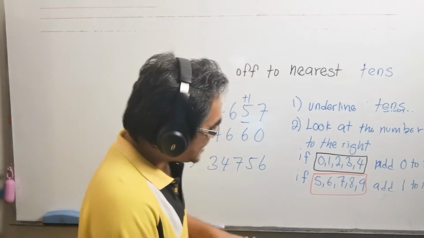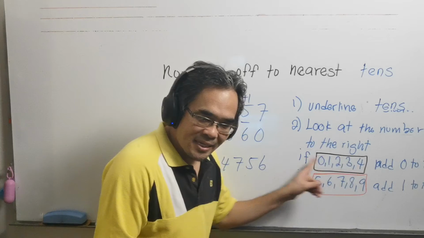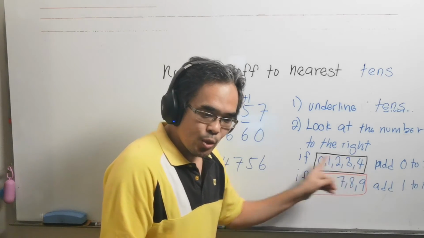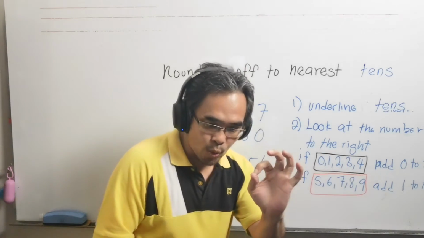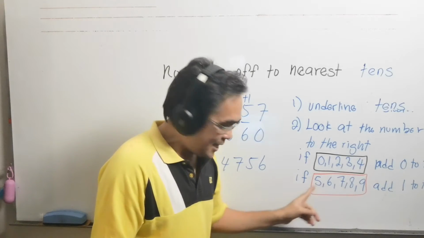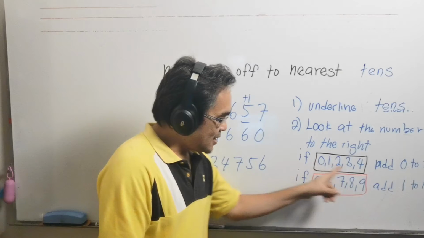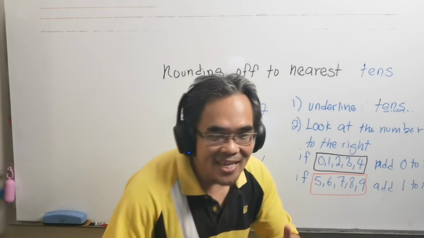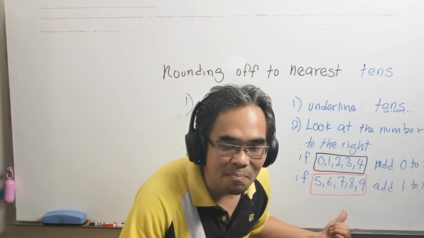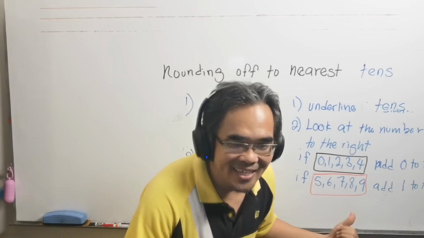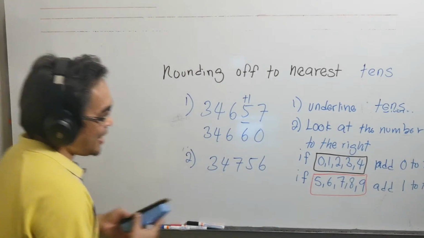Now I have a test. Okay? So you have to remember this. You add what? Add 0. This you add 1, right? Okay. What test? I want to erase this number. Can. Alright?